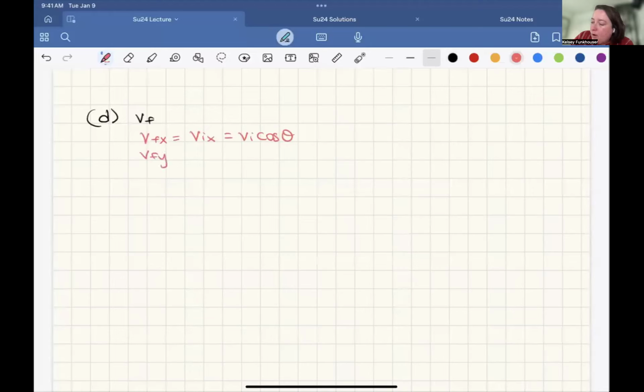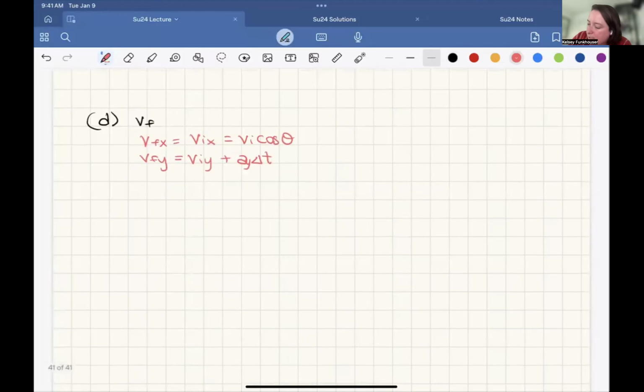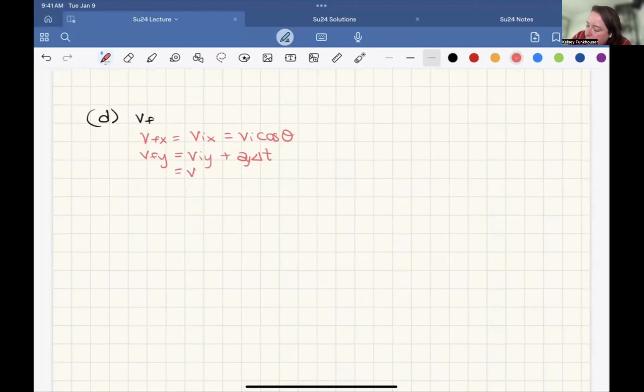And then v final in y is equal to the v initial in y plus the acceleration in y times the time interval. And this is the total time here, because we're looking at the final velocity. So that's v initial sine theta plus acceleration in y times the time interval.